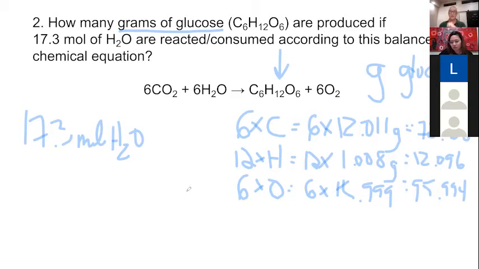And we just add those up. I got a total of 180.156 grams per mole. So that's for glucose, okay?